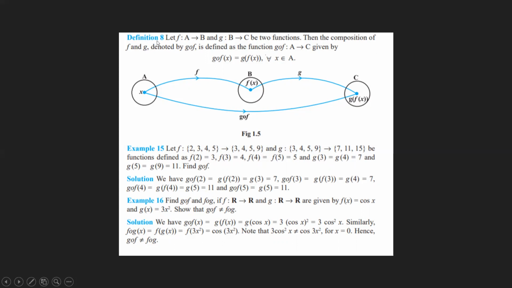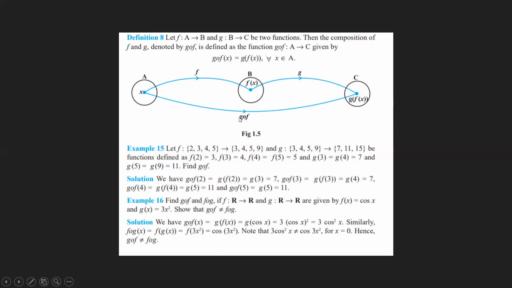So there's a definition number 8. Let F: A to B and G: B to C be two functions. Here this is A, here you can see B, and this is C. Then the composition of F and G, denoted by GOF, is defined as the function GOF from A to C given by G of fx, G of fx for every x belongs to A. So you can see here in the diagram, from A to B and from B to C there was a G function.